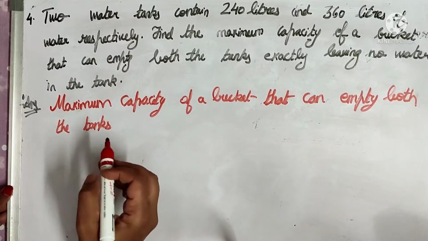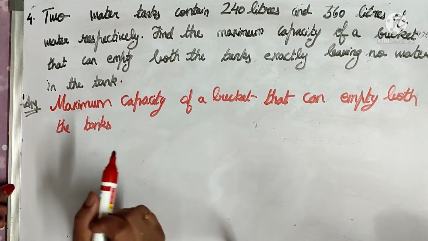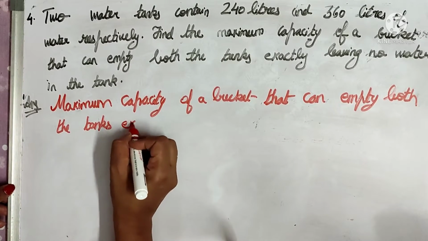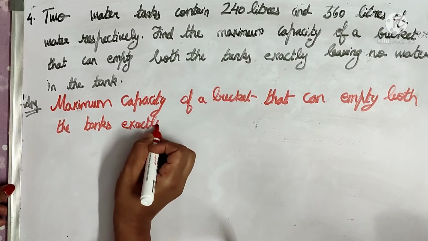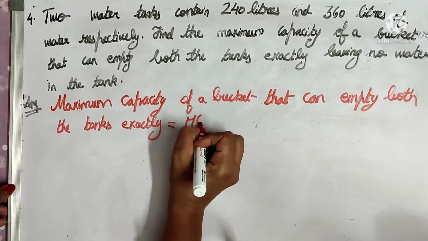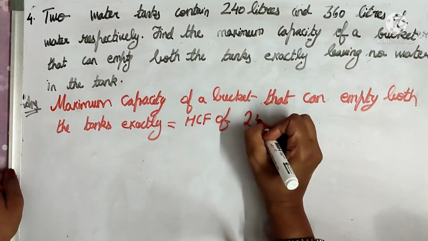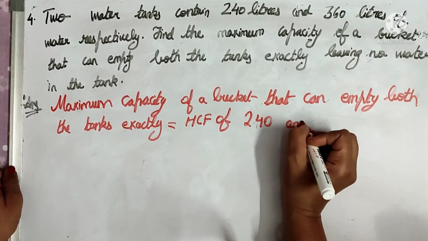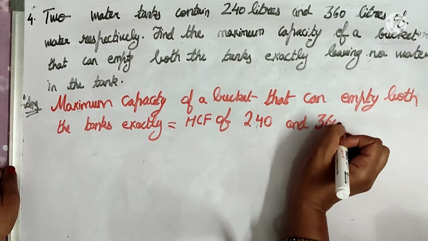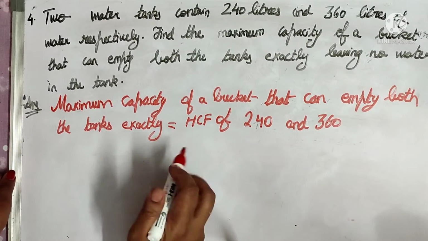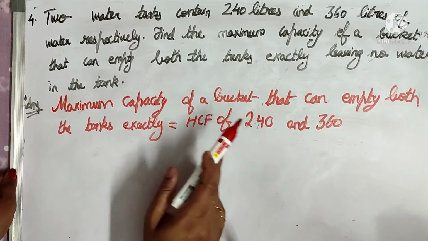It will be the greatest number that will exactly divide 240 and 360, which is equal to the HCF of 240 and 360.